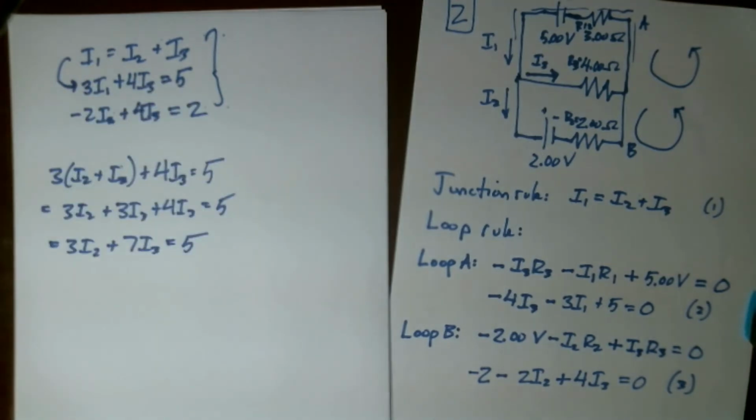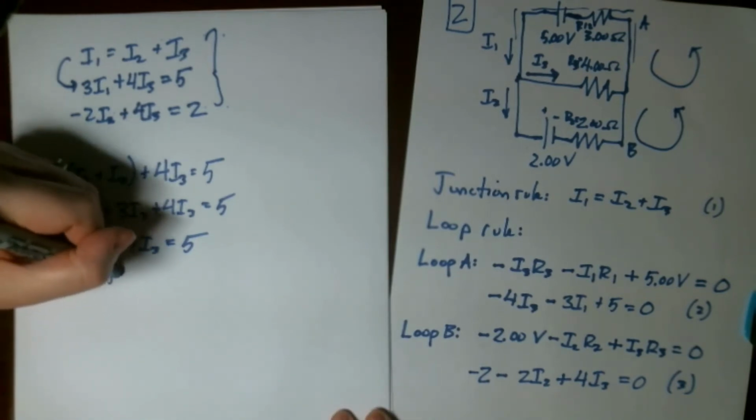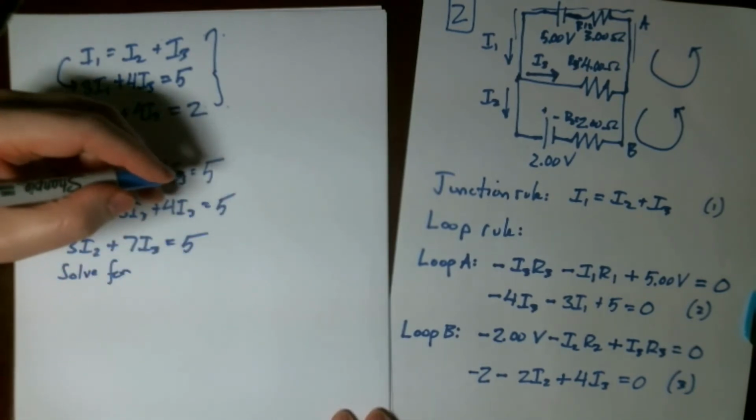All right, well, that didn't give us a heck of a lot. But now we can solve for I2 in terms of I3 or I3 in terms of I2. It doesn't matter that much, but dividing by 7 is worse than dividing by 3, so I'm going to solve this equation for I2.